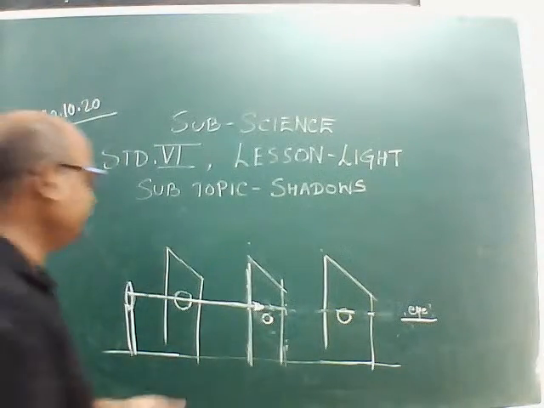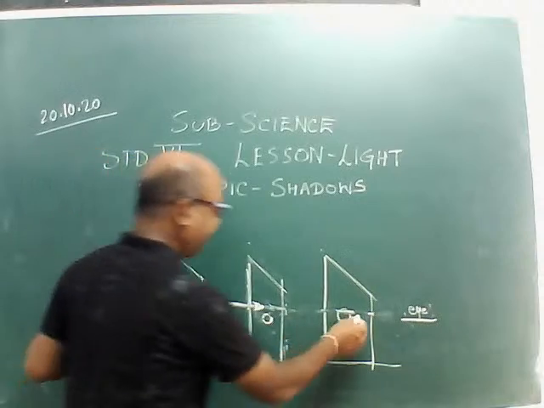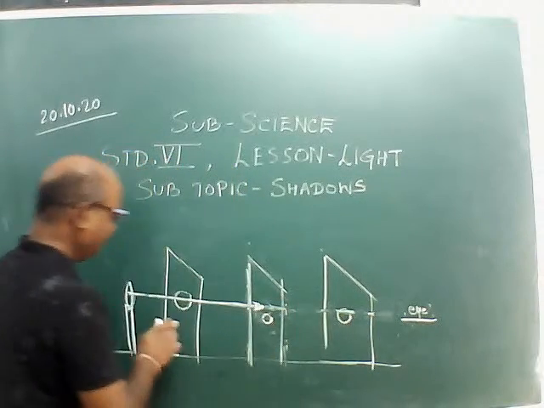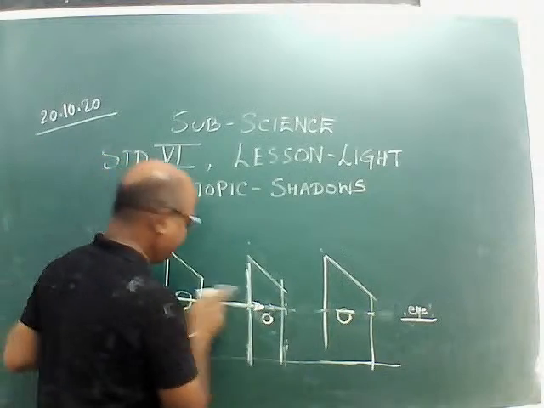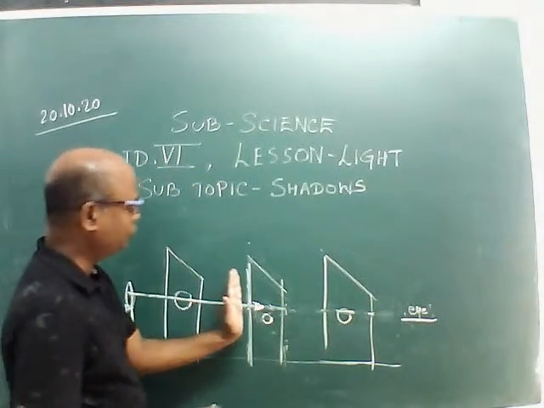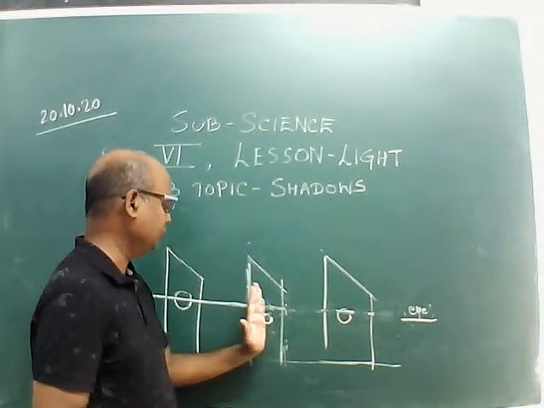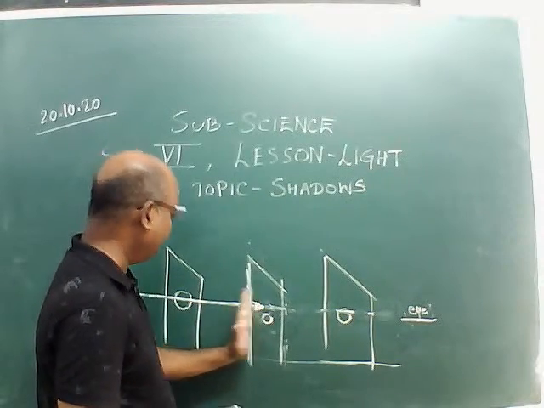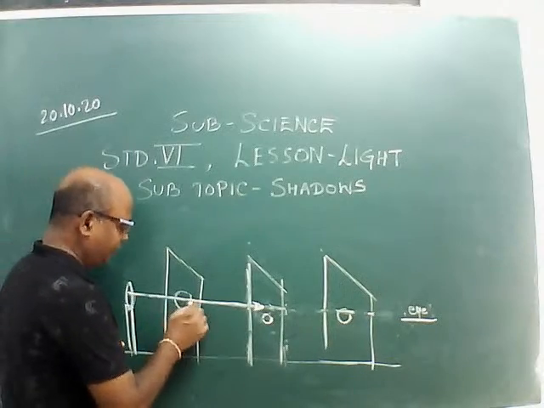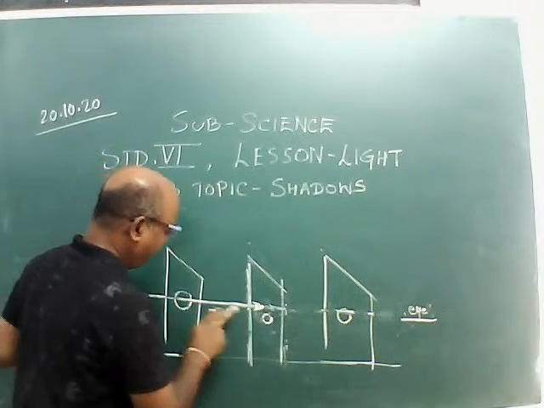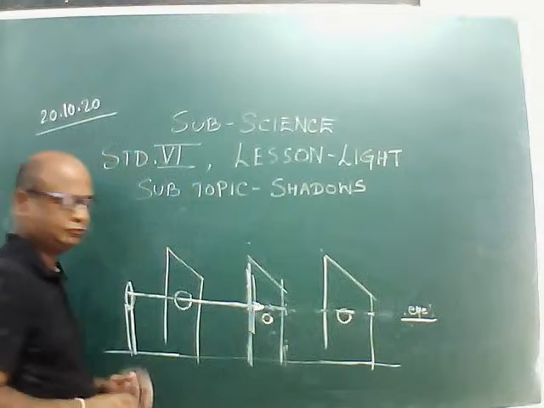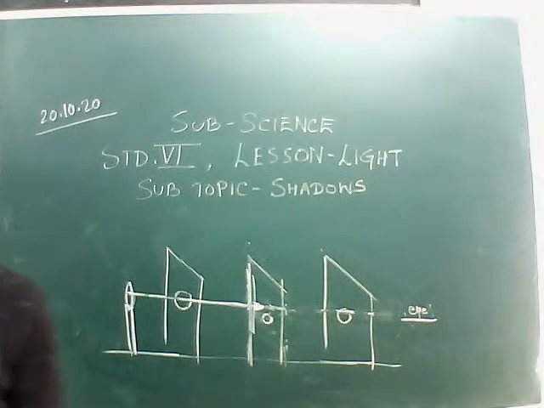Then see the candle from one side. When they are in a straight line, you can see the candle because light travels in a straight line. It will pass through these three holes. But when you move one hole away from the straight line which they were making earlier, then light will come and it will get blocked by the board. Okay, it will not bend.